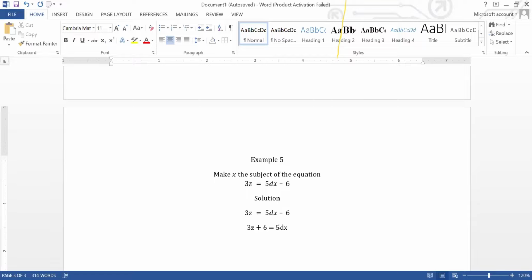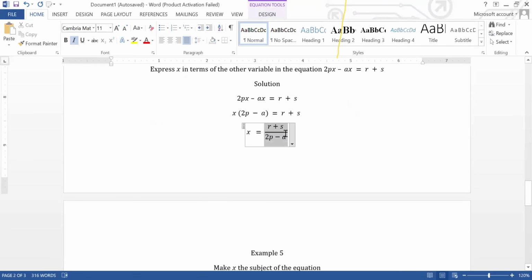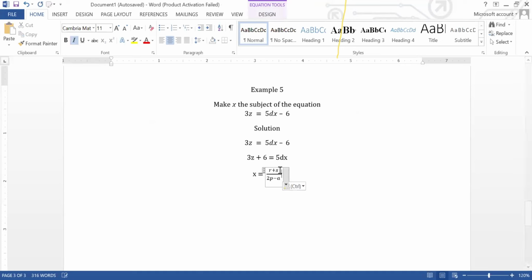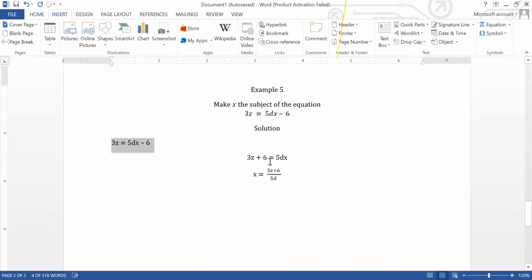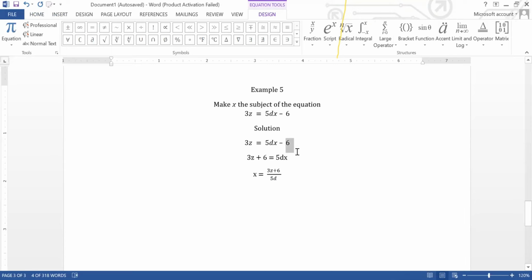Then what do we do? We divide by what? 5d, right? So x is equal to 3z plus 6 all over what? 5d. And that's what we have. As easy as that as well. I'm on question 5. I'm moving to question 6.